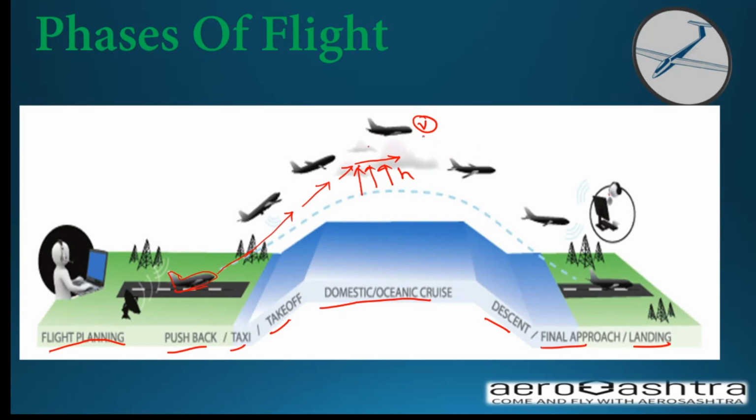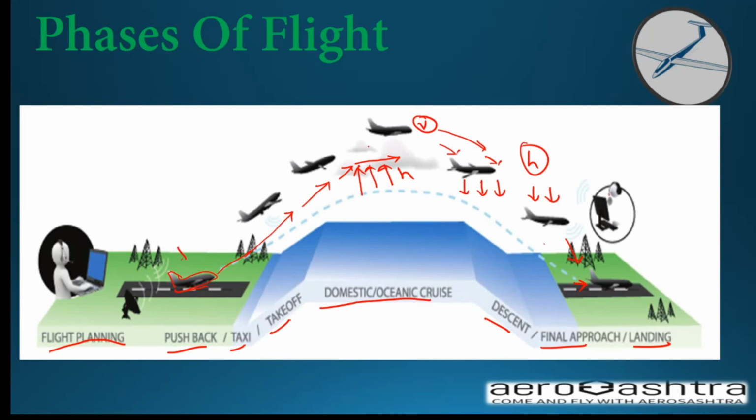After that, when it reaches its destination airport, it tries to descend. Basically it is reducing the height, and when it reaches the airport, then it lands.